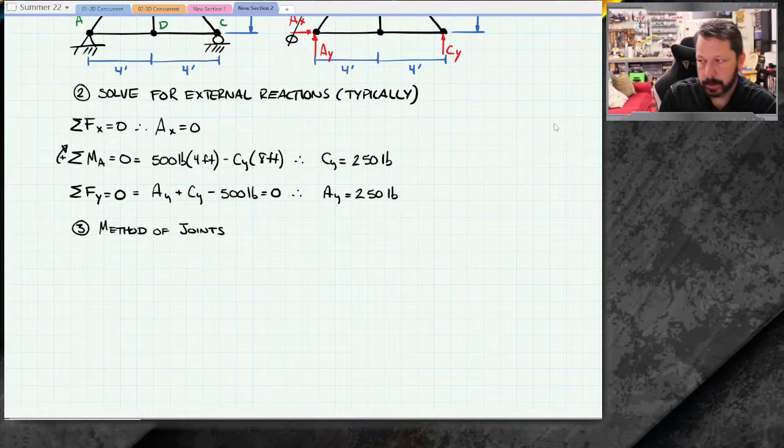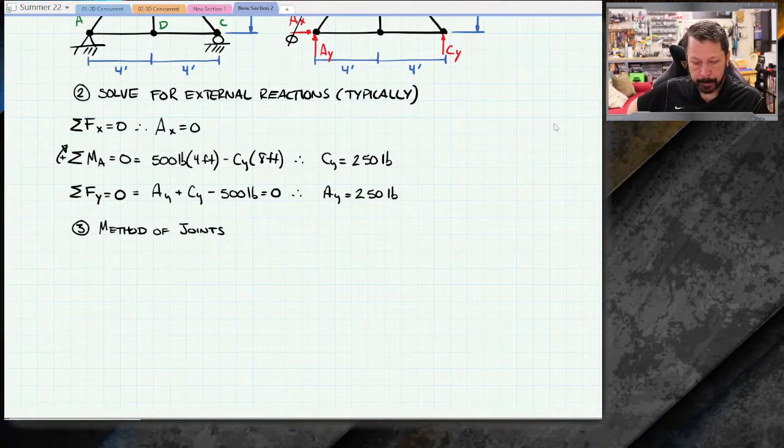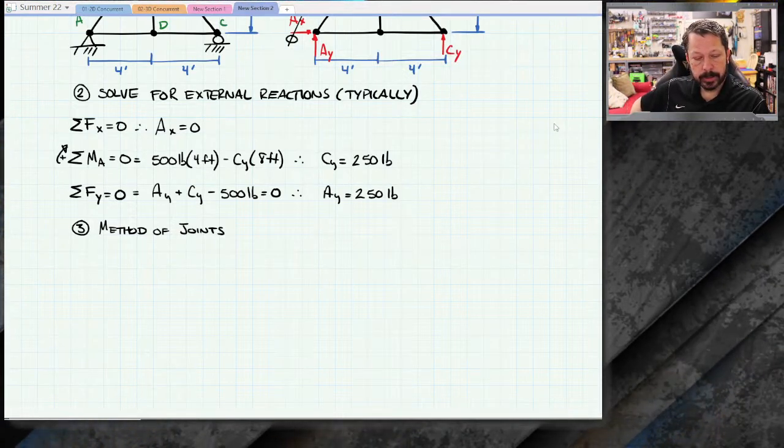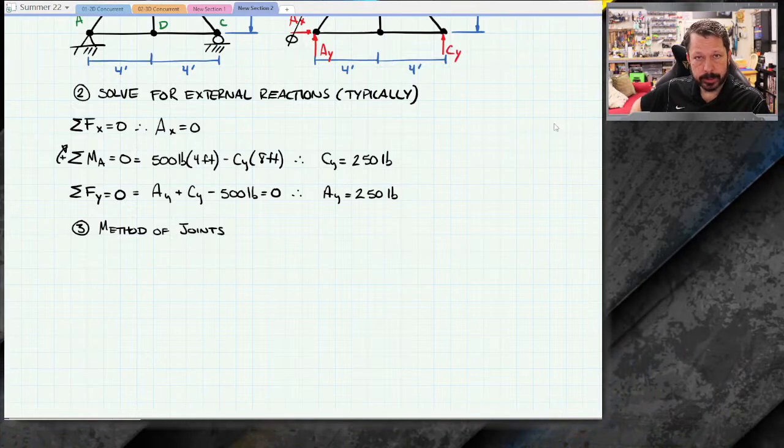So we're talking about a process in this case called method of joints. Next time we'll talk about a process called method of sections. But method of joints says to look at every joint individually.